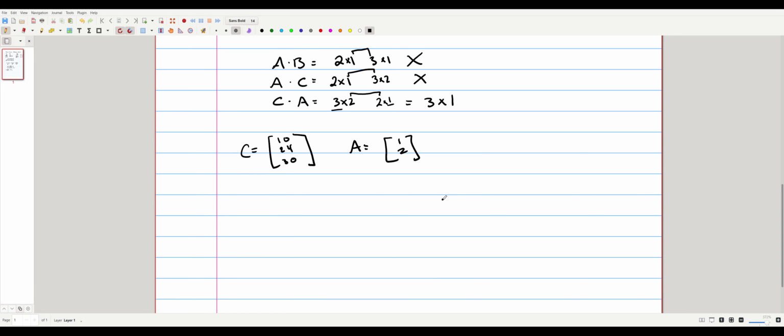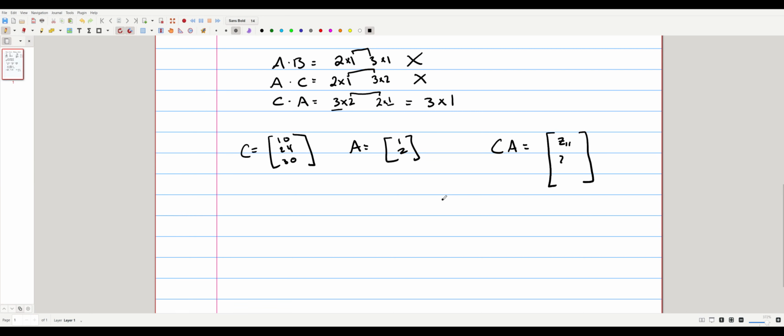So to get the matrix CA, which we know is a 3 by 1, right? There's going to be 3 rows and only 1 column. So what does this look like? I'm just going to call it Z, but it's the first row, first column.